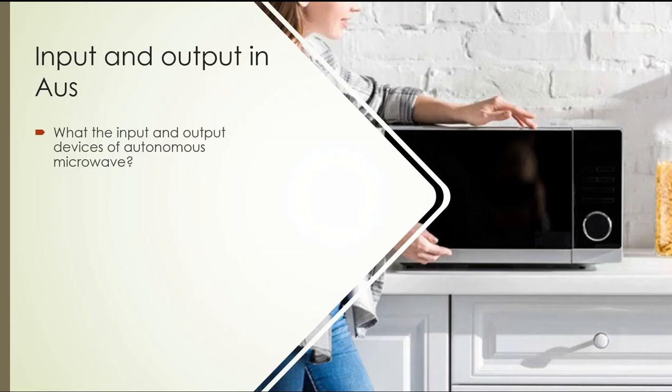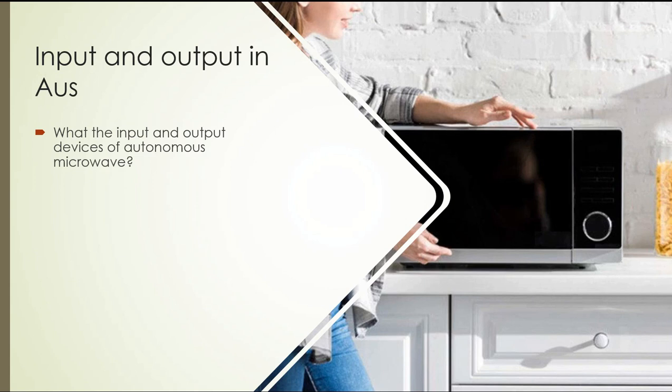So guys, this is the last slide, also related to input and output, related to today's class. What are the input and output devices of an autonomous microwave? If we consider this autonomous, I can explain the microwave. With this autonomous system, you just put the food in and close the door, and the microwave will work autonomously.